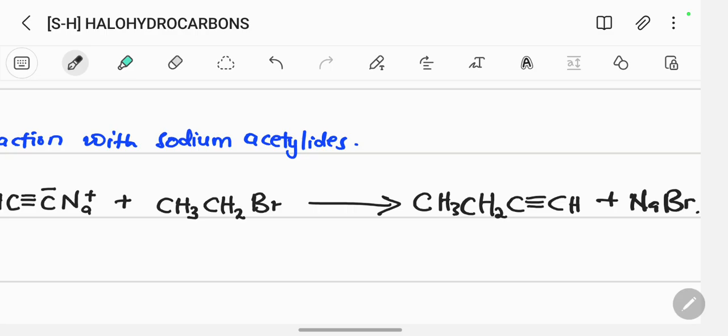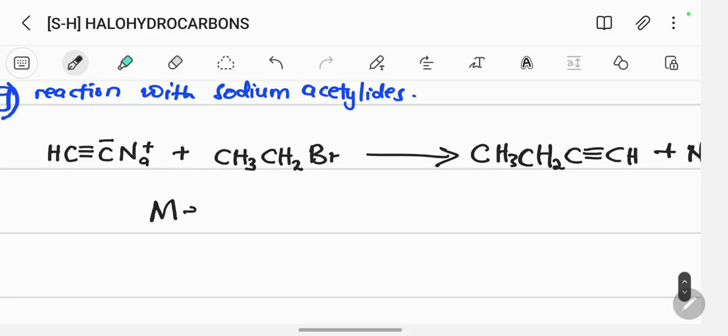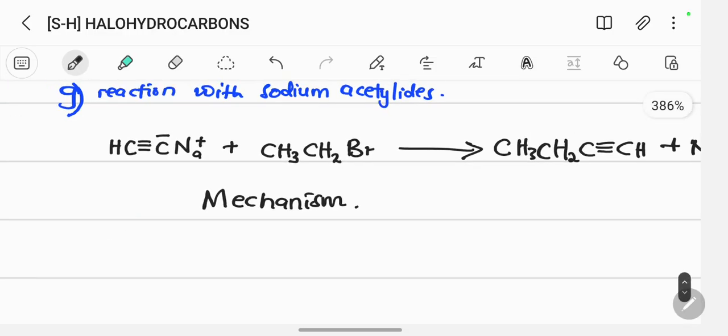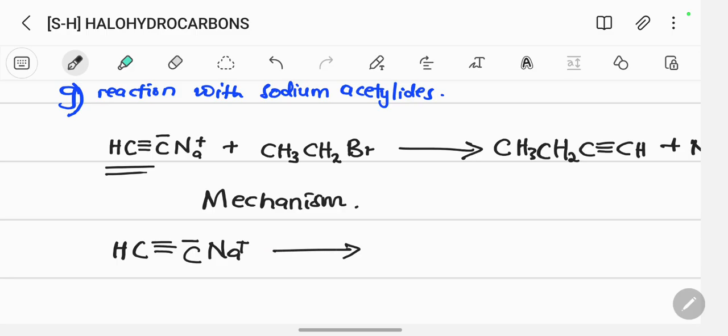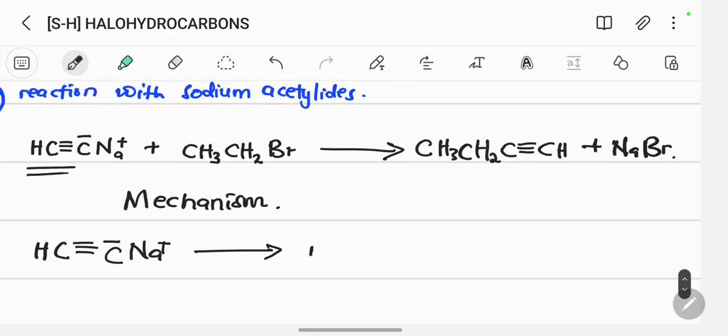So when you try to look at the mechanism, I hope you people have started seeing the pattern. If you are to guess, you shall first dissociate that acetylide such that we make a nucleophile. There are always nucleophiles or electron-rich species that are doing the work.